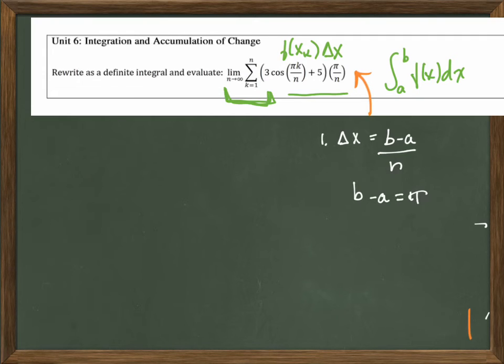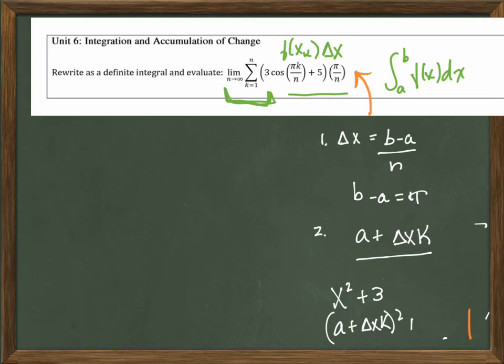Now, but a is, you remember, in the function, what do you put into the function? So I always call this step number 2. A plus delta xk is what goes into the function. So if I had like an x squared plus 3, I would put a plus delta xk and then squared plus 3, right? So what do we do when we have the function?